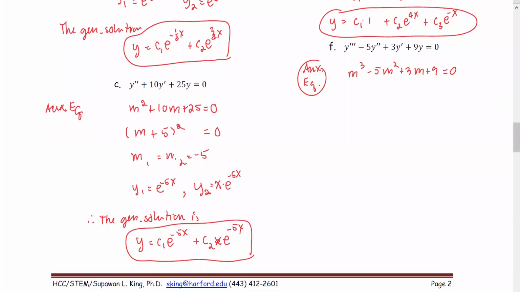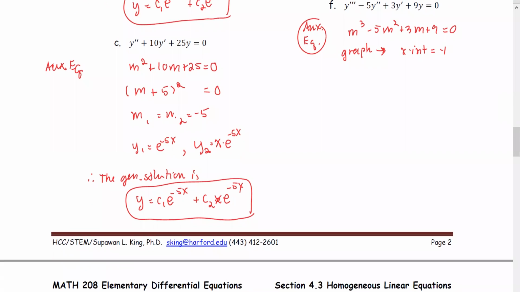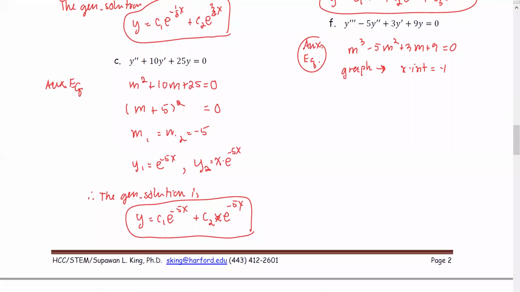In this case, if we plot the graph, we can see one of the x-intercepts is at x equals negative 1. So that means one of the factors is m plus 1. And to find the rest of them, you can use either long division or synthetic division.